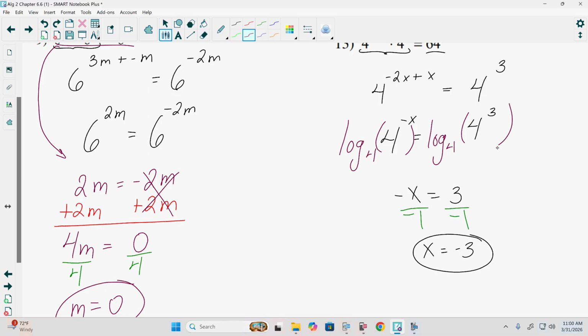Because as we talked earlier this week, when the base of the log and the base inside the log are the same, it simplifies to what the exponent is. So log base 4 of 4 to the negative x simplifies to negative x. And log base 4 of 4 to the third simplifies to 3. That's really what we're doing on all these. You have this one-to-one property.